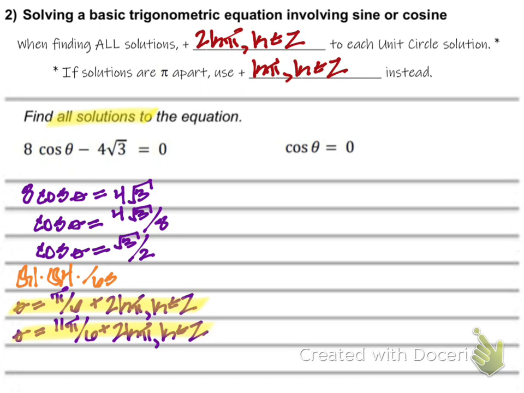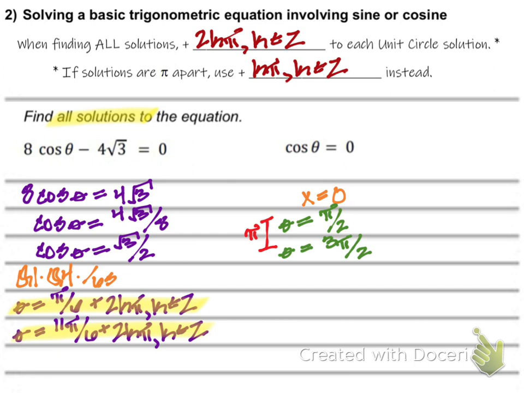Let's look at cosine theta equals 0. Well, cosine theta equals 0 where x is 0, right? And we did this one just a minute ago. And so theta is pi over 2, right? That x is 0 at pi over 2. And x is 0 at 3 pi over 2, right? But pi over 2 and 3 pi over 2 are a distance of pi apart, correct?